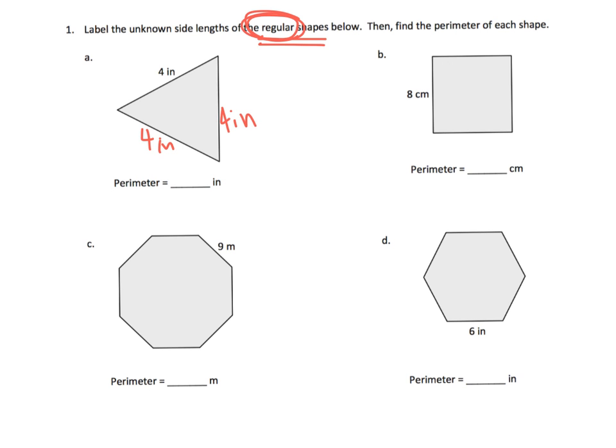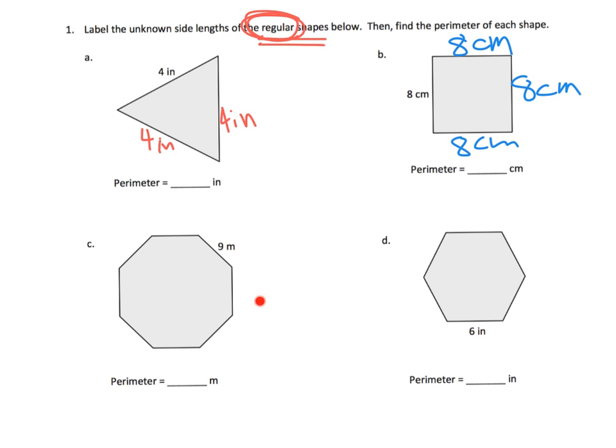Or over here, this is a regular shape, and all 4 sides are the same length. And we know that they're the same length because we are told they are a regular shape.